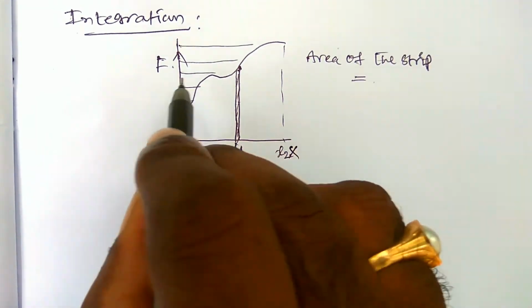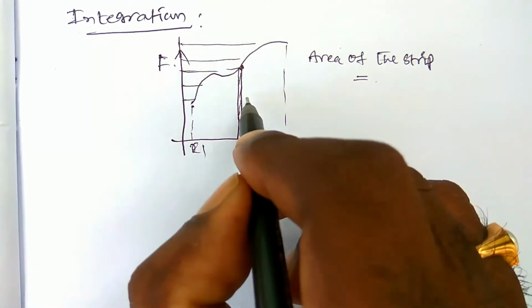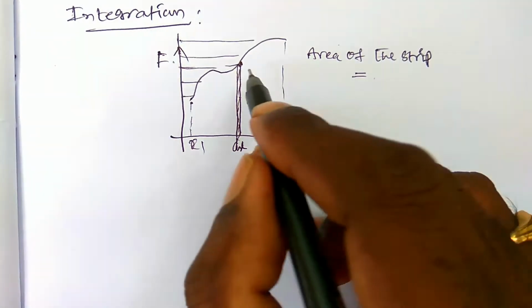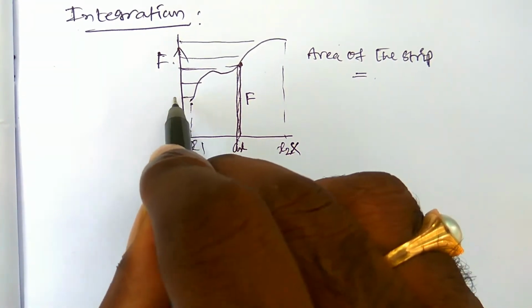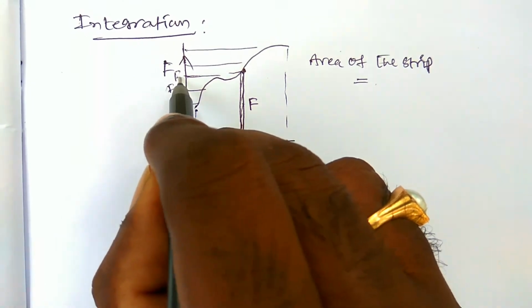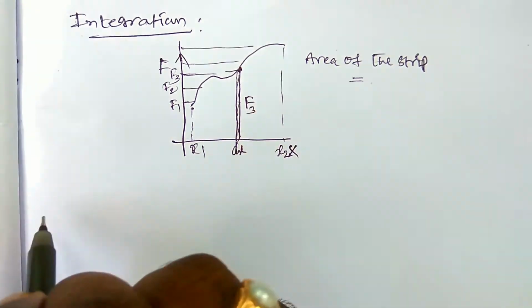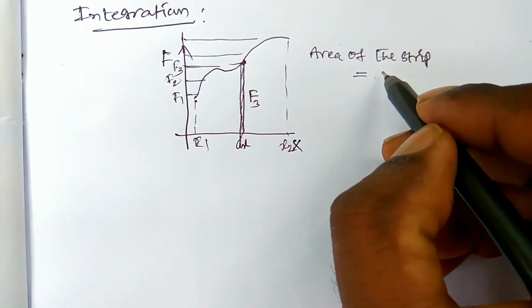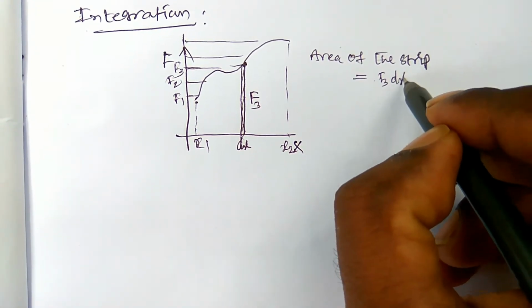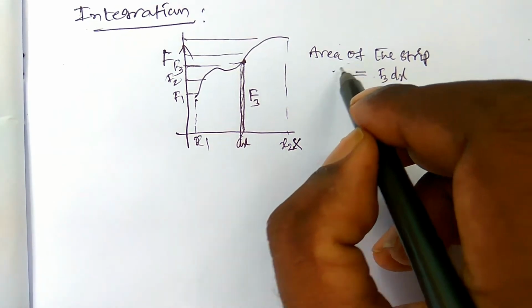Length means, you can assume that is f. Okay, so for example, this is f1, let this be f2 and this is f3. Then length into breadth: the length means f3 and the breadth is dx, that is the area.